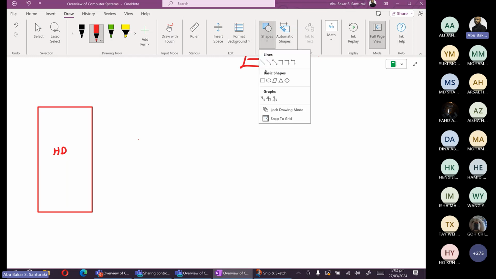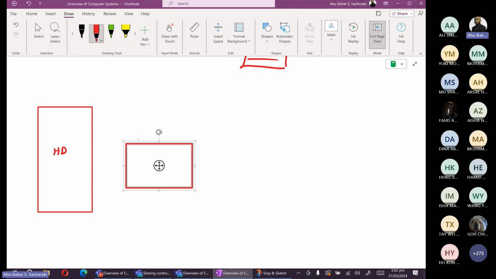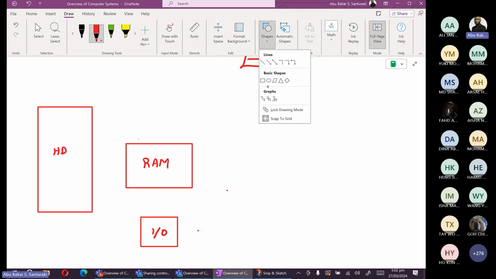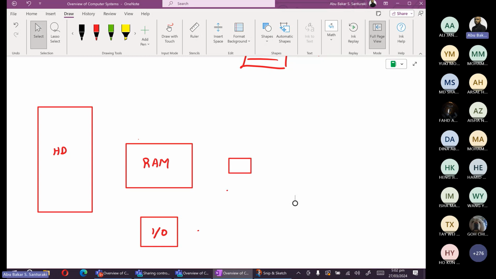Then I'm going to draw another block that is going to represent my RAM, my random access memory, or just my memory. I'm going to draw another block that is going to represent all my input and output devices. So these are I/O devices. And then I'm going to draw another block that is going to represent something called a cache controller. So CC for cache controller. I'll explain what this means in a minute.